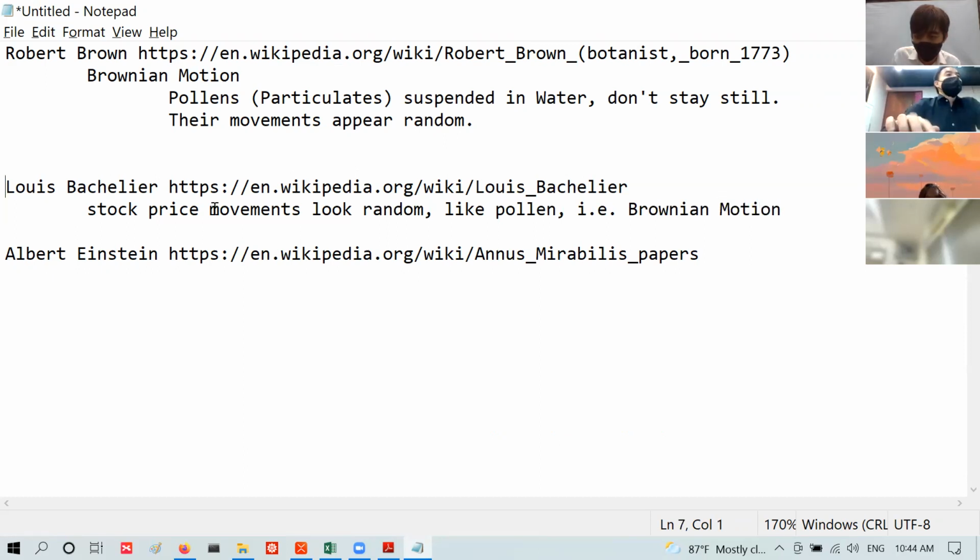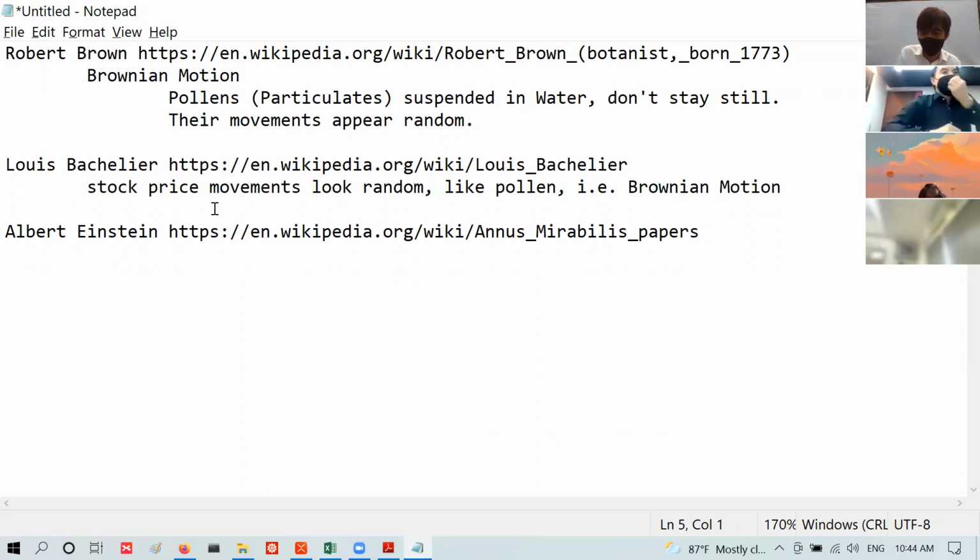So now we have three areas that are already cross-fertilized. Biology, botanist.